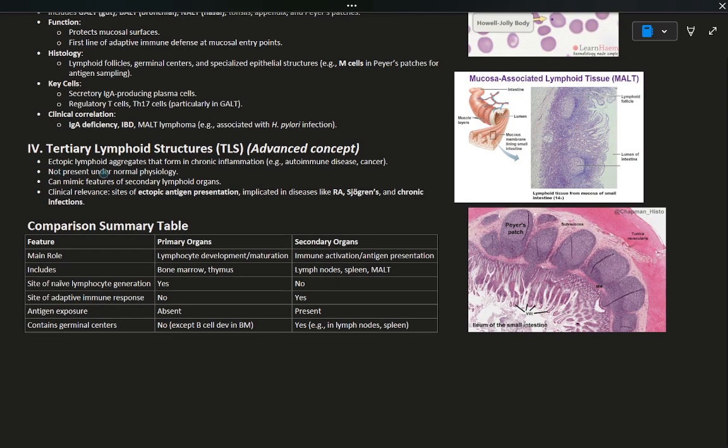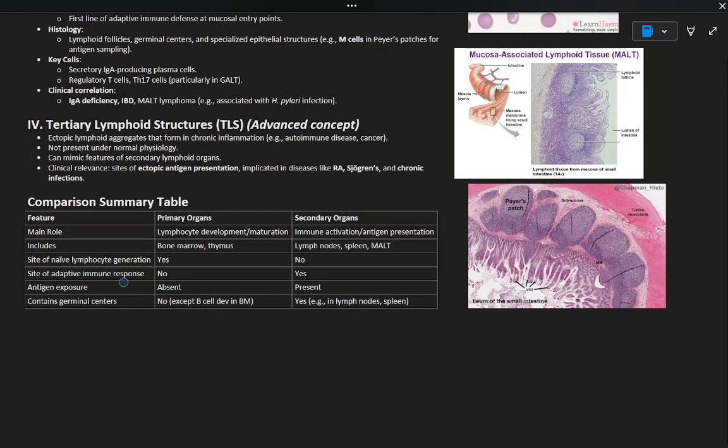These are not present under normal physiology. Sometimes they can mimic features of the secondary lymphoid organs, and then they can be sites of ectopic antigen presentation, which means it can be implicated in diseases like rheumatoid arthritis, Sjogren's syndrome, and chronic infections.